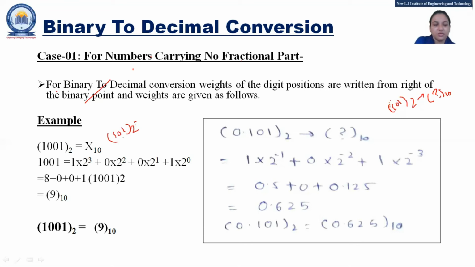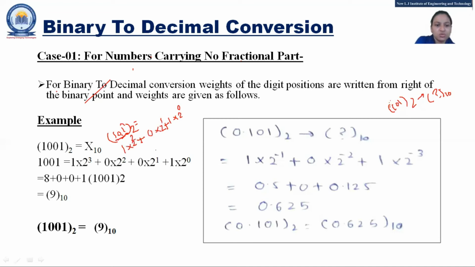So what we have to do, start from this rightmost digit, that is our LSB. That is multiplied with 2 raised to 0 power, then take the next digit, that is 0, that is multiplied with 2 raised to 1 power, and then the last digit is multiplied with 2 raised to 2 power.